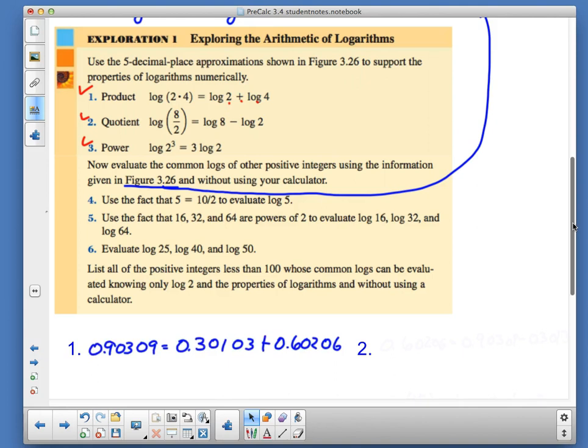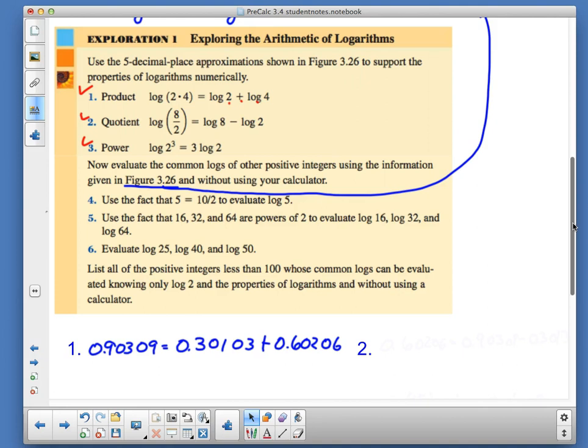So I got the log of 8, it's 0.90309. The log of 2 is 0.30103, and the log of 4, which is, remember, 2 squared, should be double that, 0.60206.